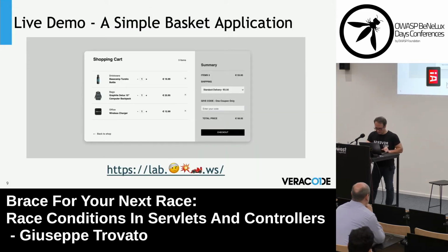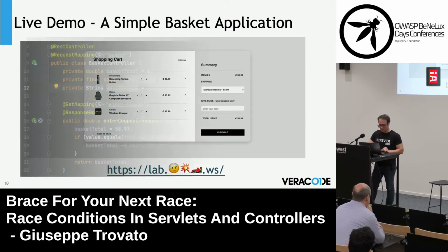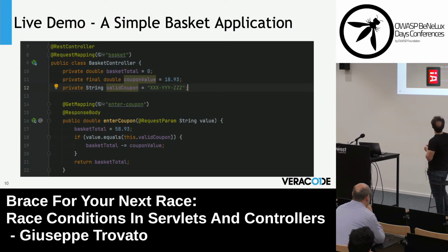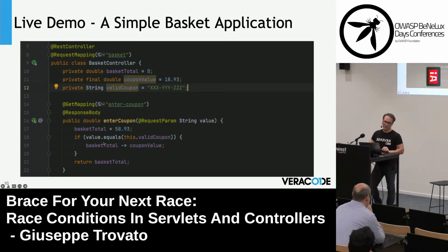Perfect. So let's look here. This is the piece of code that deals with the basket. We have this line where we set the basket total, hard-coded, and then if the coupon is a valid coupon, as this one, we are going to subtract the value of the coupon, 18.93, from the basket, and then we return the updated value.